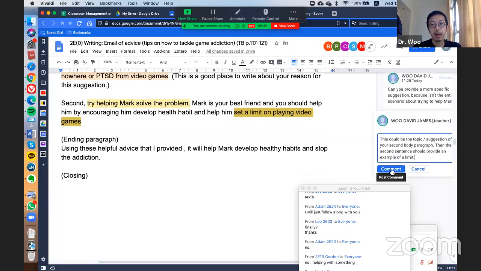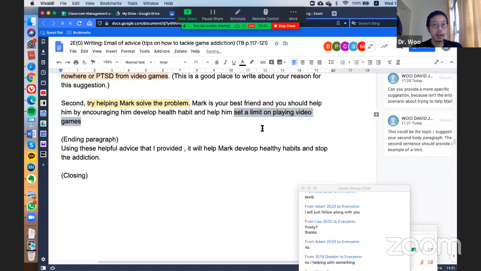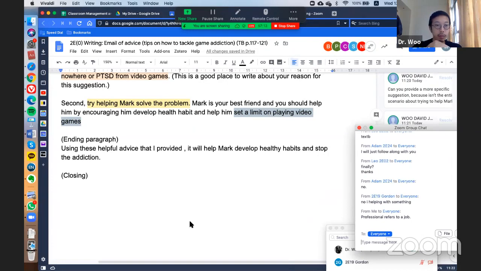So Bosco, you might have something with second, try helping Mark to set a limit on playing video games. Then you define what a limit is or provide an example. A healthy daily limit is like 1 hour, for instance, or 2 hours. I don't know. And then explain the reason. And that would be great. That's nice paragraph development.